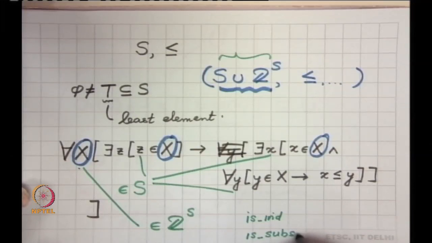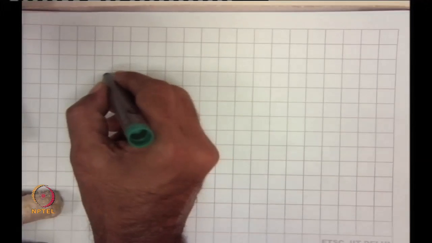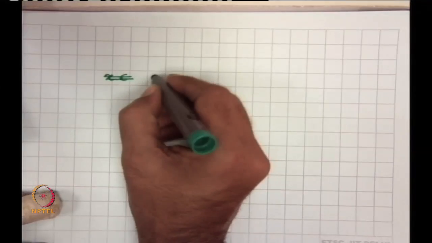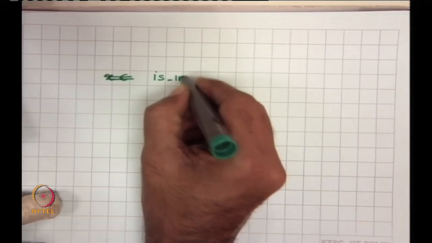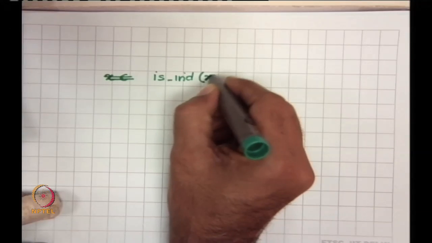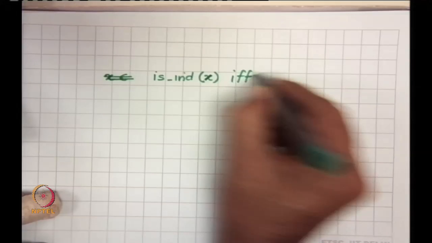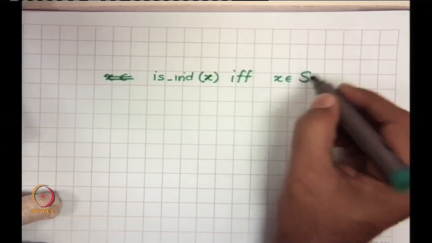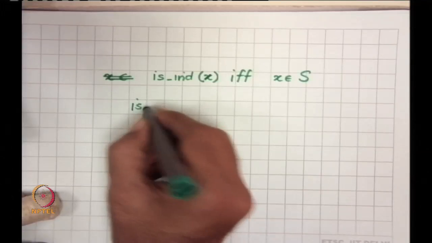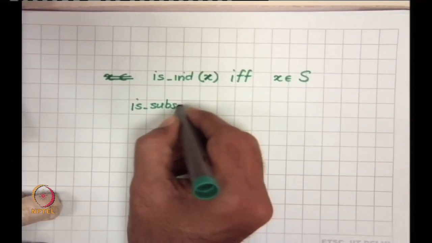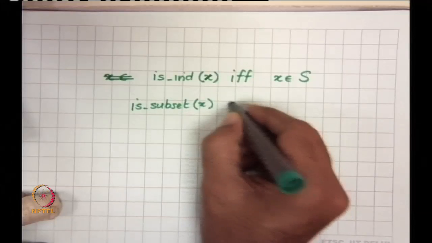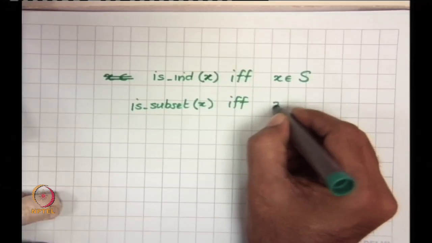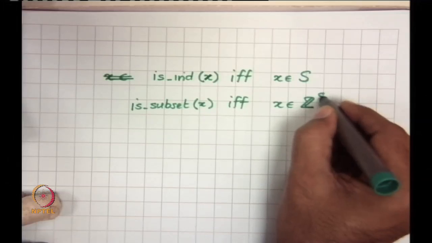For example, we can expand our signature to include these two first order properties, which say that for any variable x, is ind of x is true if and only if x belongs to S, and is subset of x is true if and only if x belongs to 2 raised to S, right, belongs to the power set.